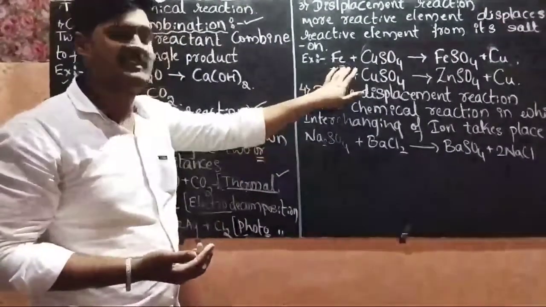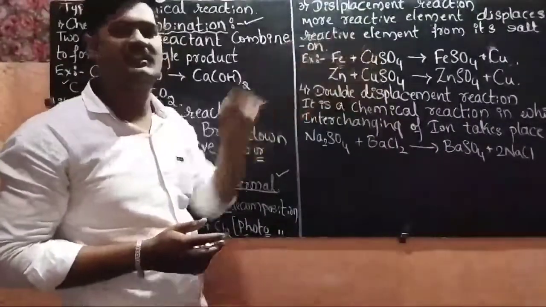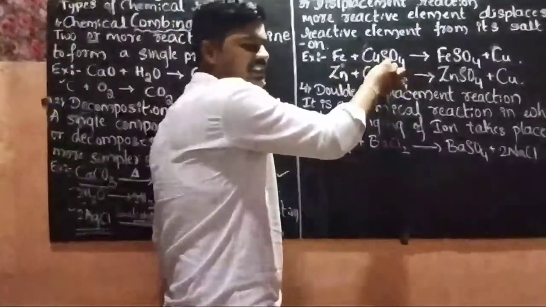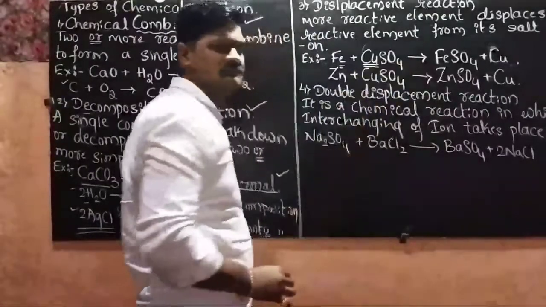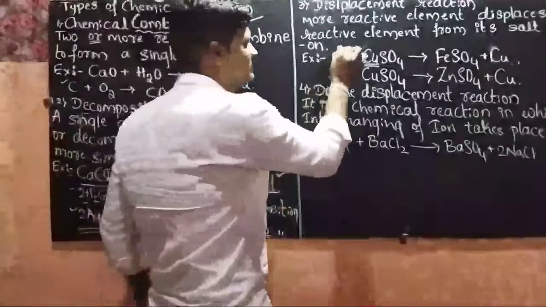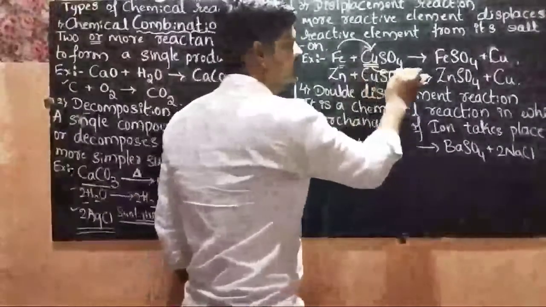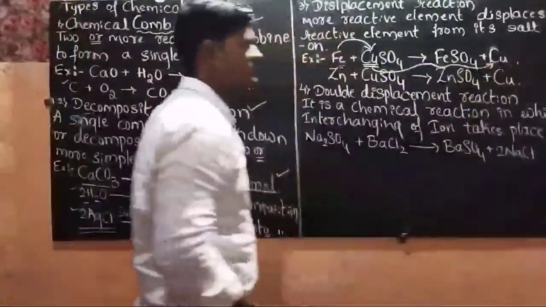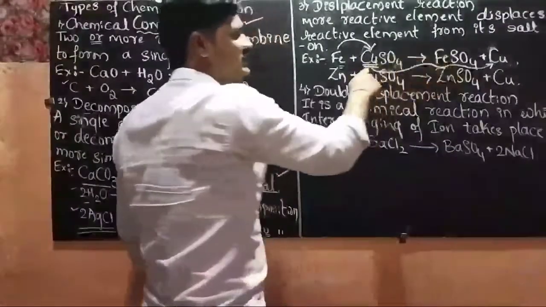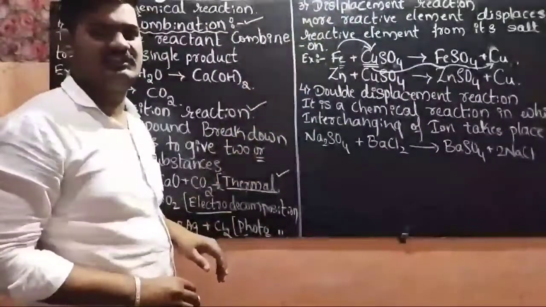Iron rusts very fast, so we can say that iron is more reactive than copper. When iron reacts with copper sulfate, it displaces the copper, because copper is less reactive and iron is more reactive. So iron takes the place of copper, and copper is displaced. Iron sulfate is formed, and copper is displaced. This is an example of a displacement reaction.